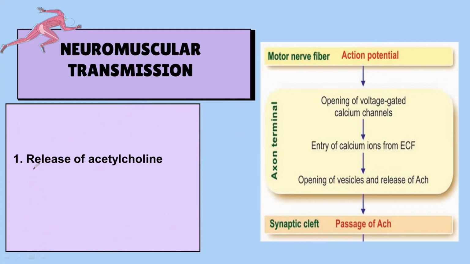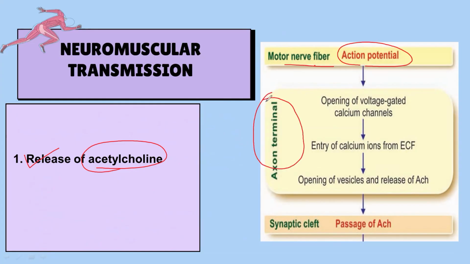Now come to the first event, which is release of acetylcholine. So there is an action potential which is traveling from motor nerve fiber, and when this action potential reaches the axon terminals, it causes opening of voltage gated calcium channels. These are voltage gated calcium channels because this action potential is basically an electrical difference or potential.